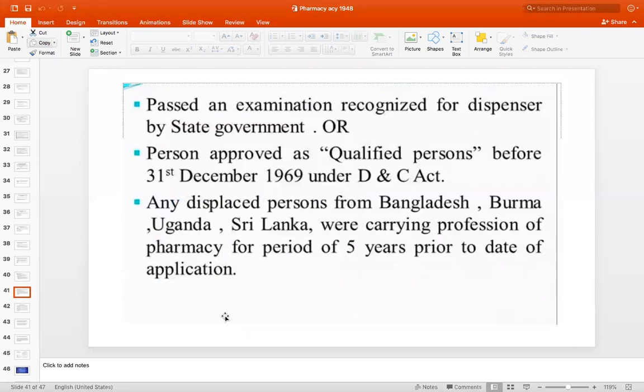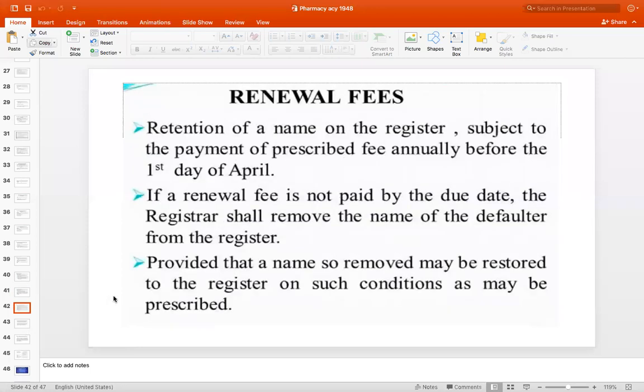If all this is done within 31st of December 1969, then you can go for this special provision in the subsequent registration. Or you are a displaced person from Bangladesh, Burma, Uganda, Sri Lanka, and you have done your education in this period of 5 years, then you can go for subsequent registration and you come under special provision.